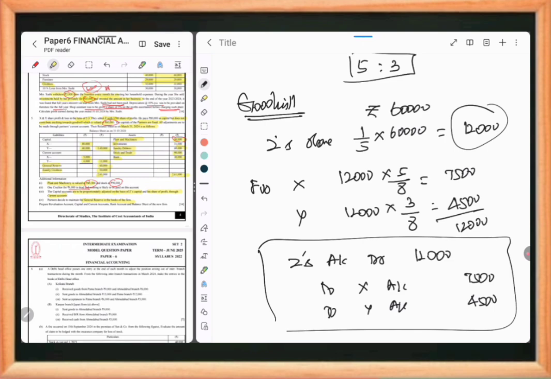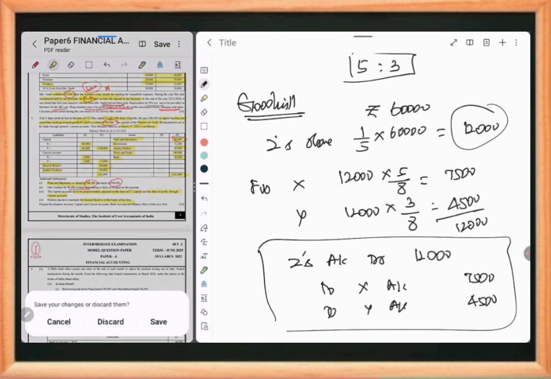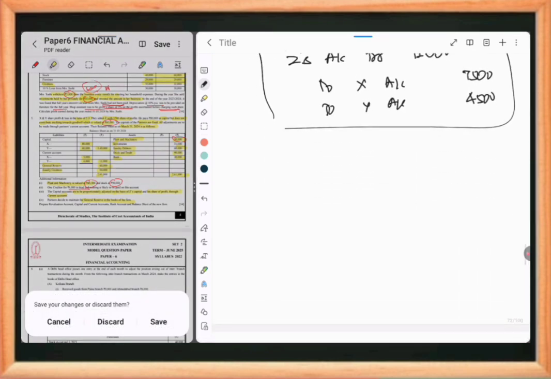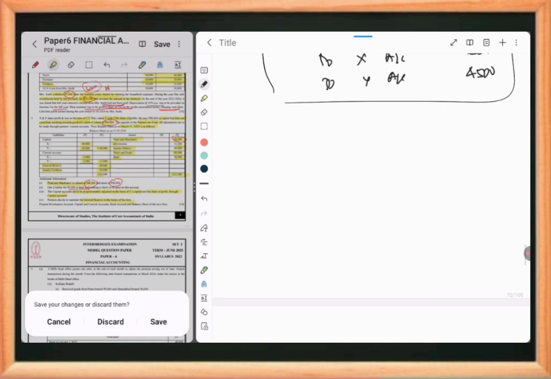So we know it. Now we have to prepare the revaluation account, with only two assets.